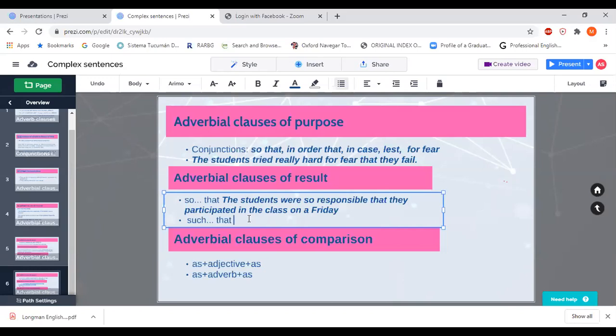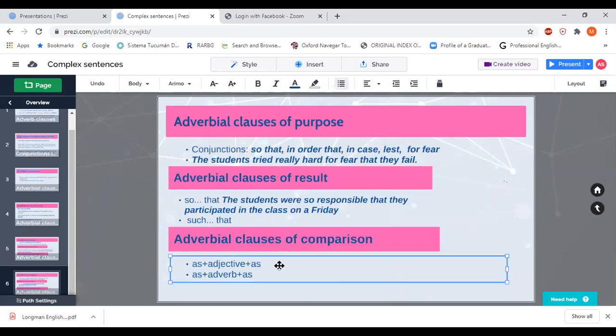Shall I give you an example first? There are few people as responsible as the girls are.